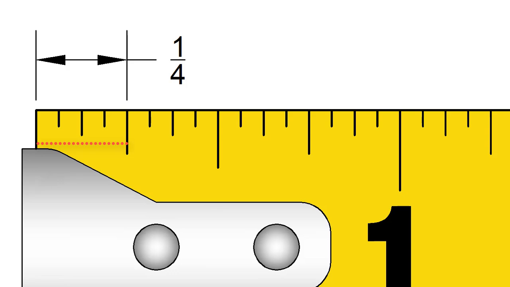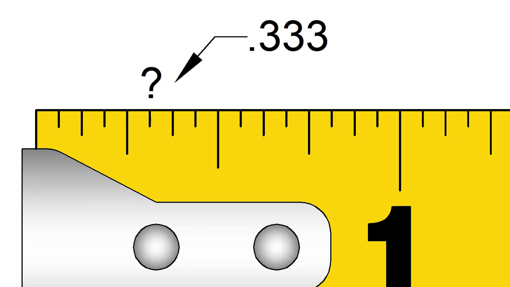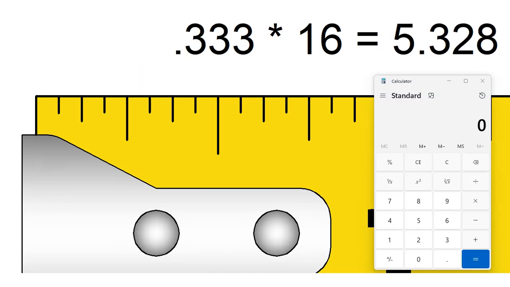Unfortunately, we cannot represent all decimal values using 1/16 of an inch. Some decimals will fall in between marks on our tape measure. Stay with me now, because here is where things become a little trickier. What if we had a decimal such as 0.333 inches? Where would that be on our tape? If we use our trick and multiply our decimal by 16, we get 5.328.